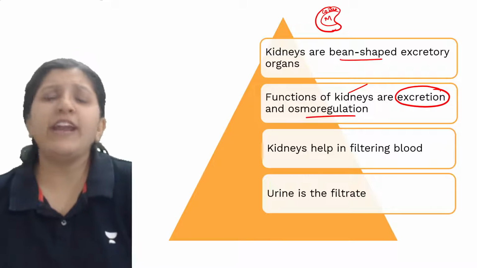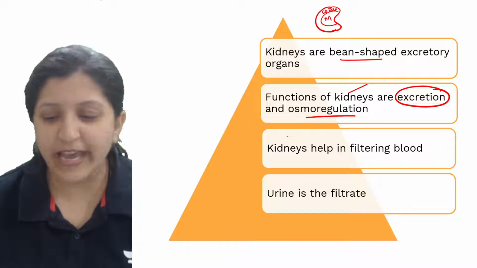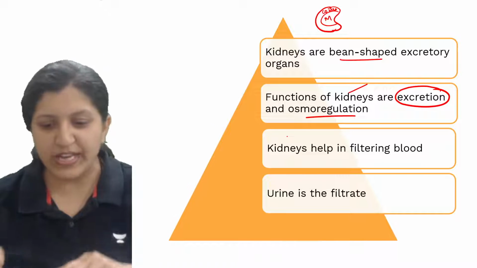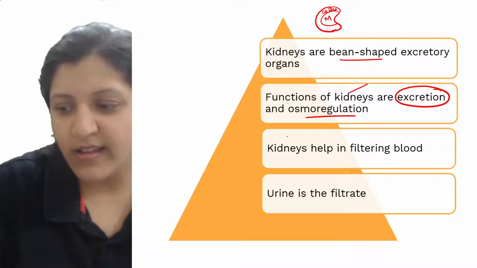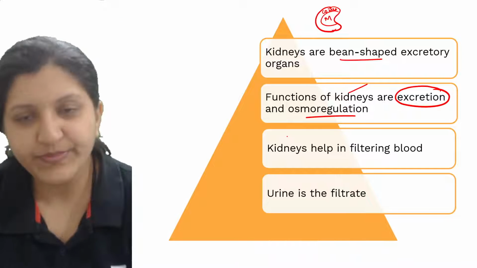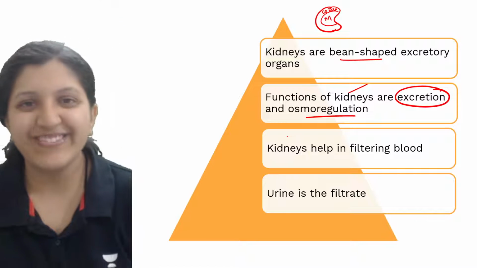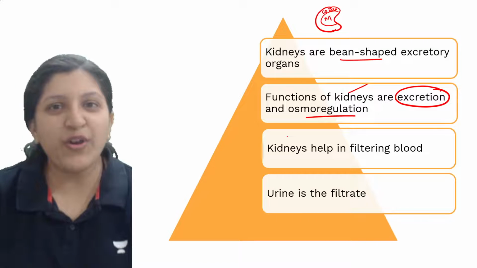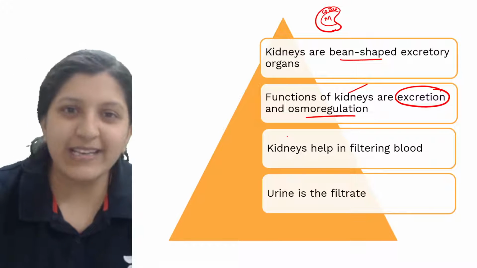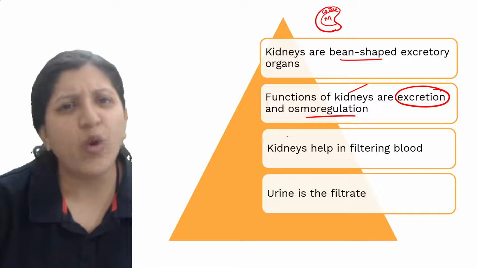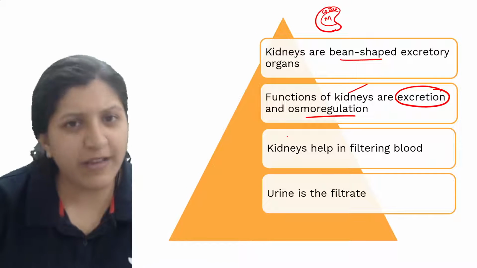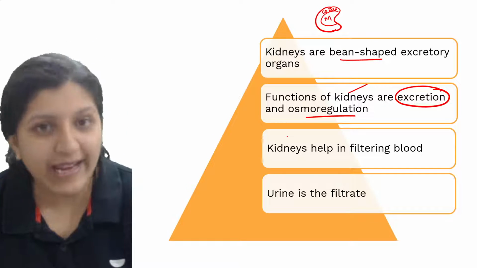Okay, so any idea about what exactly is osmoregulation? Any of you? Any idea about this? No idea? So, okay, osmoregulation is maintaining the blood concentration, that is water and mineral balance, what has to be there in the blood.